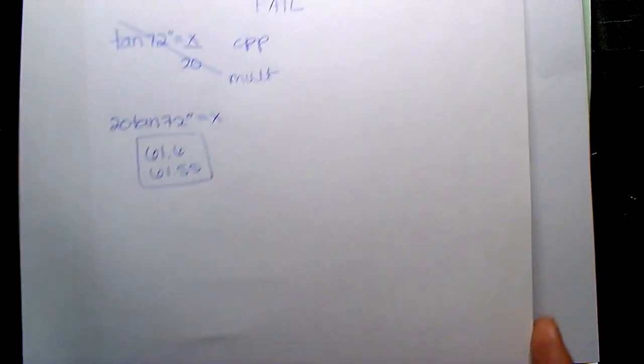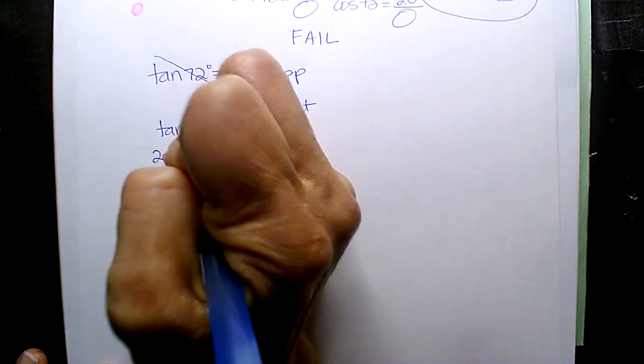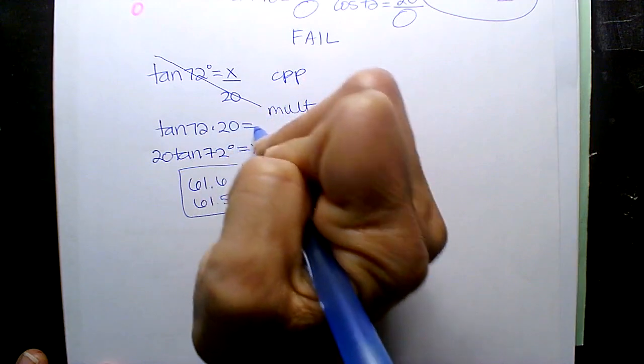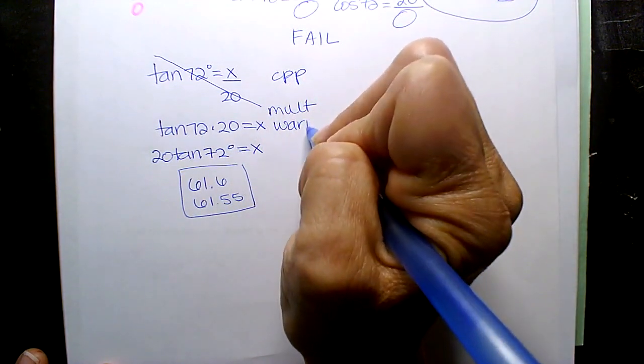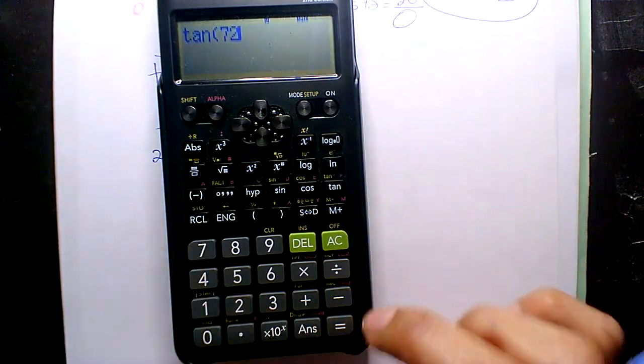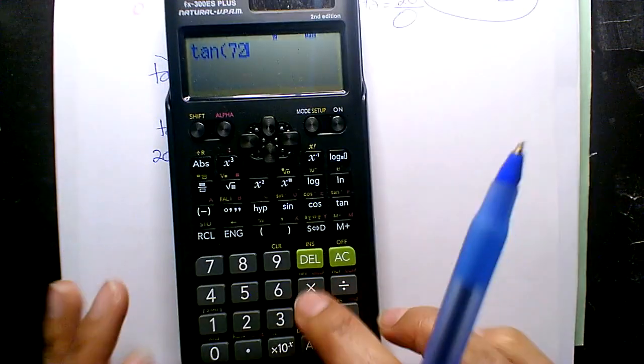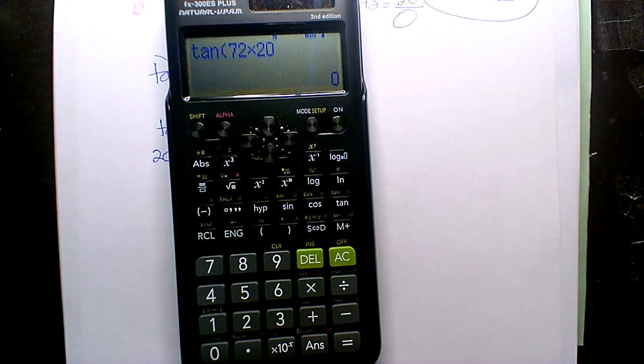Here's my warning. If you're one to throw it behind, meaning tan 72 times 20, and put that in your calculator, this is my warning to you. If you do not close the parentheses, see that cursor? See how that parenthesis has no closing parenthesis? If you go times 20, you're taking the tangent of 144 degrees. You didn't tell the calculator that it's the tangent of 72 degrees and then times 20.